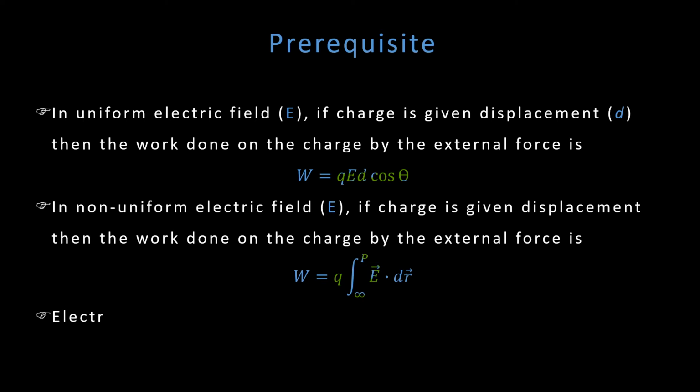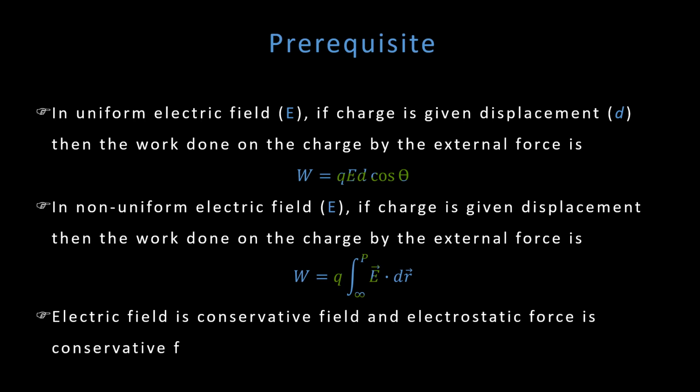And of course we know that the electric field is a conservative field, and that means that whichever path you follow, work done remains the same. It depends only on the initial and final position of the charge. So if you have any doubt in any of these points, you should go back to previous lectures and check those videos and then come to this topic. So I assume you have these things clear, so let us start.